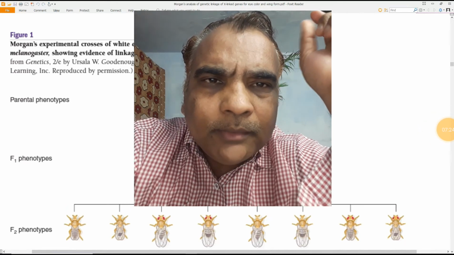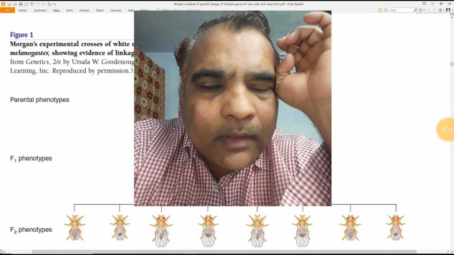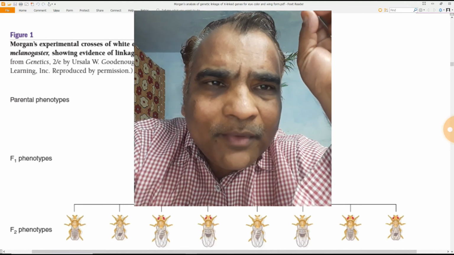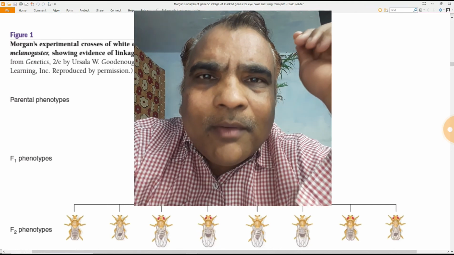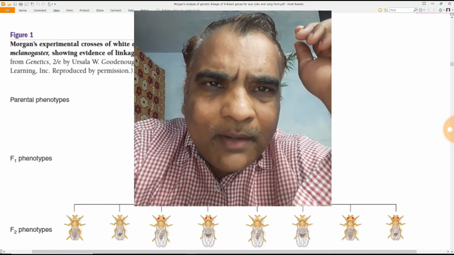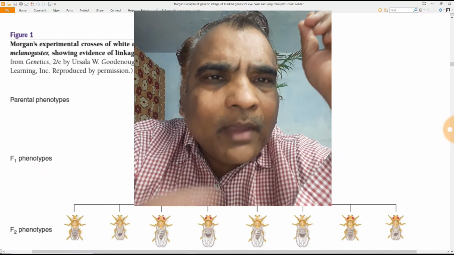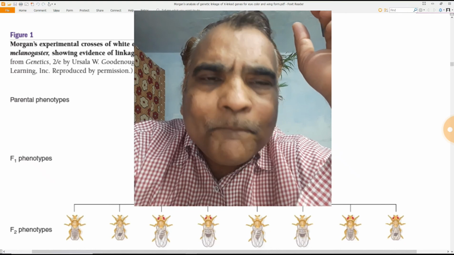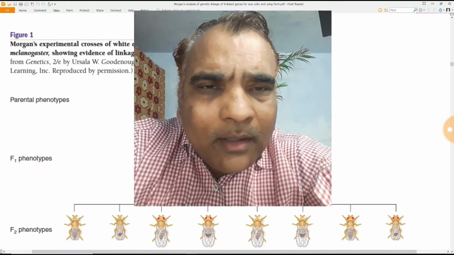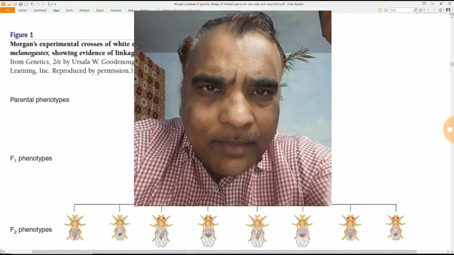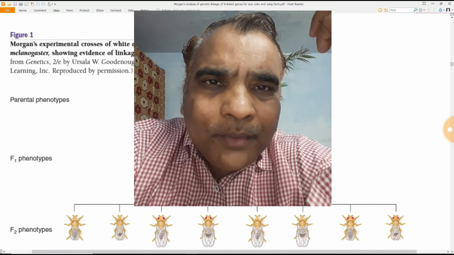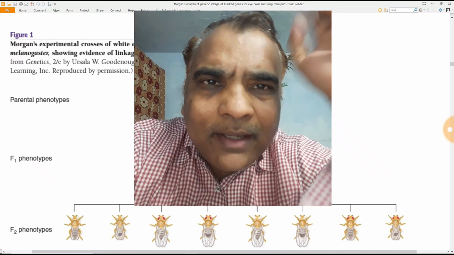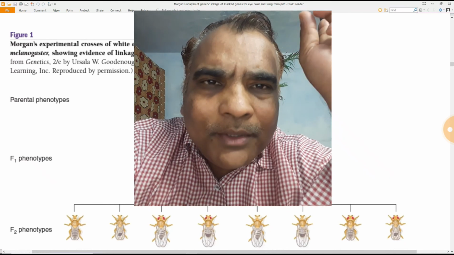On your screen, at the bottom, you will find all varieties of F2 fly. Once we discuss the number, their phenotype, and when we compare their number with the parent, then we will discuss the independent assortment, test cross ratio, and how the F2 phenotypic ratio is deviating from the test cross ratio.